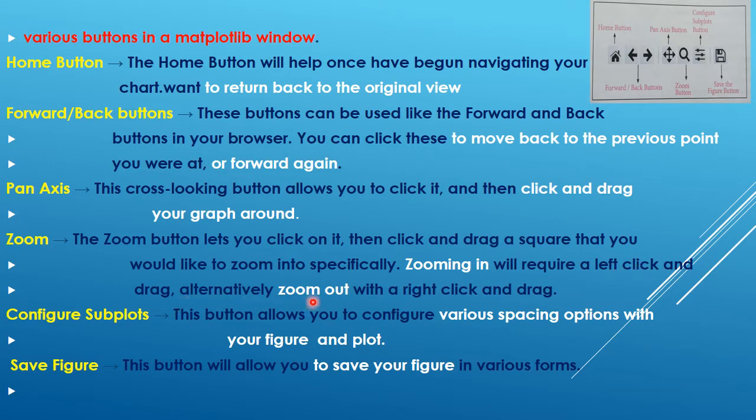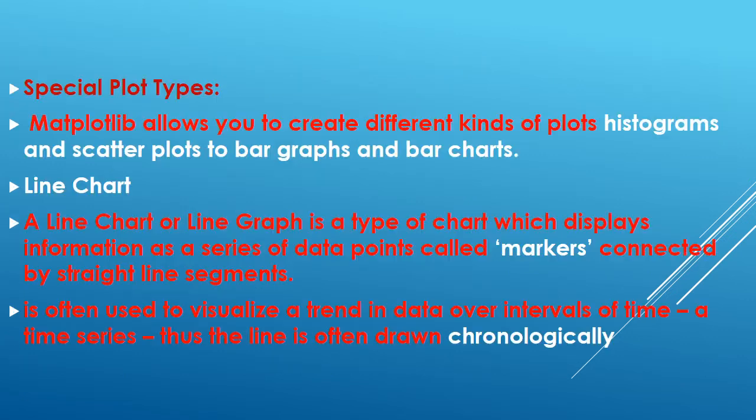If you want to zoom out, you right click and drag. Then configure subplot. This button is used to configure various spacing options for your figure and plot, so you get the space between the plots. The last one is save figure. It is to save your figure in various forms as you like.